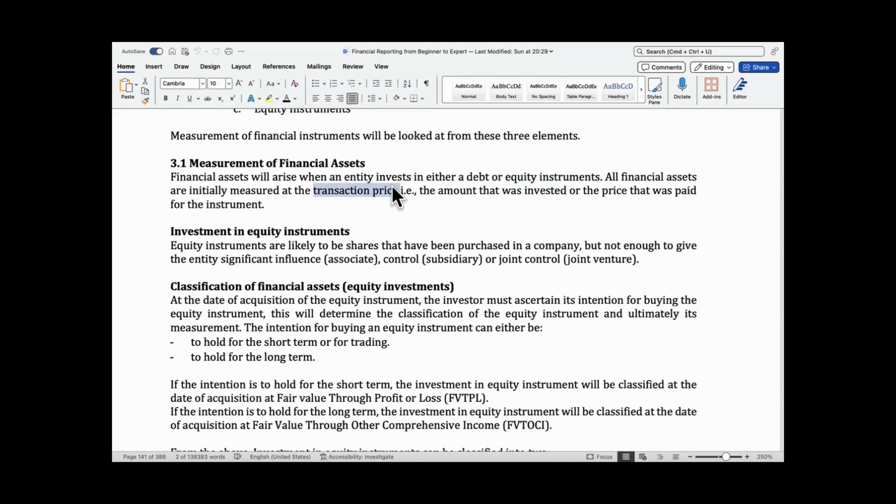And it's logical because transaction price means the amount that was invested or the price that was paid for the instrument. That's transaction price. So it makes sense that that is the amount you should recognize that investment in your books.